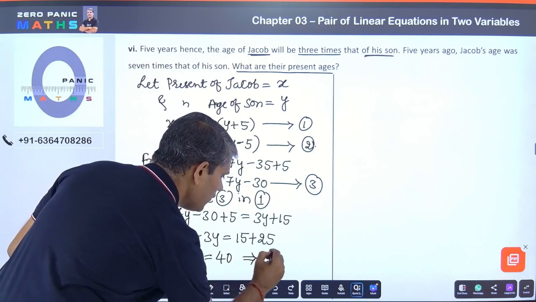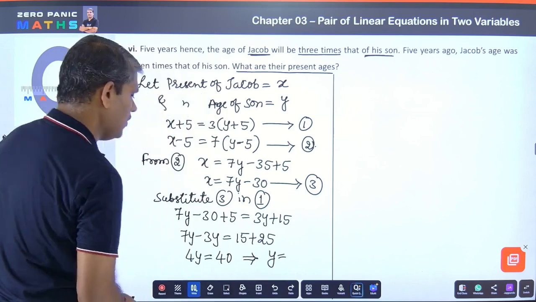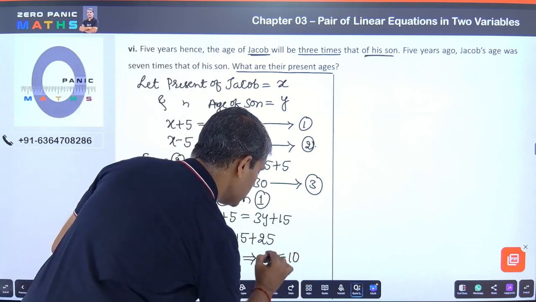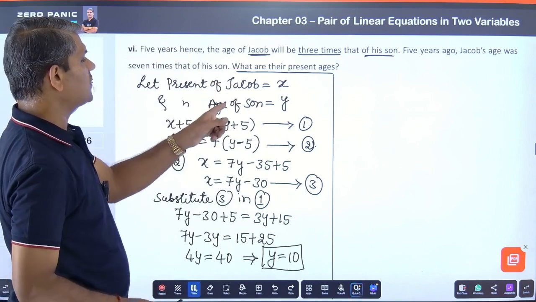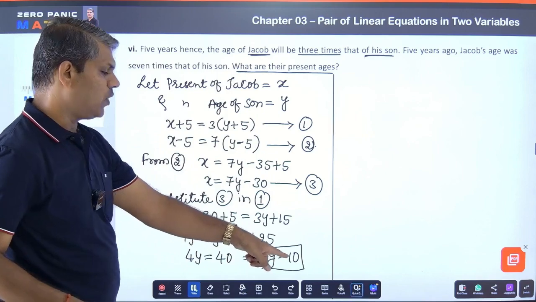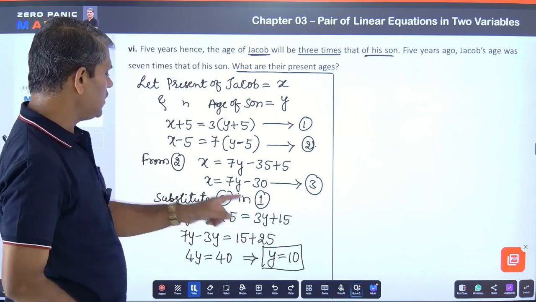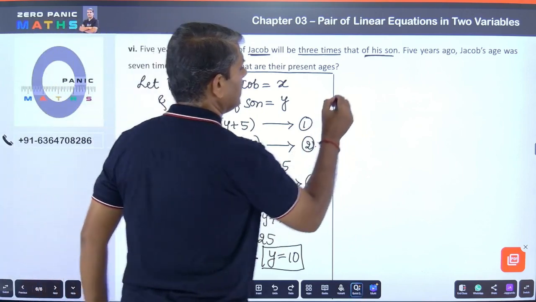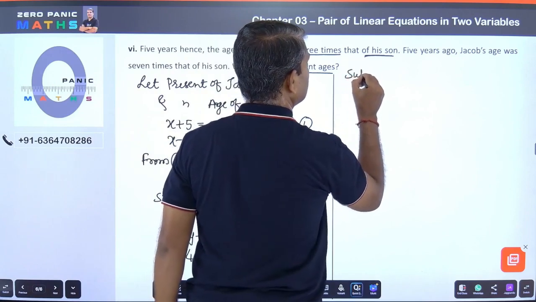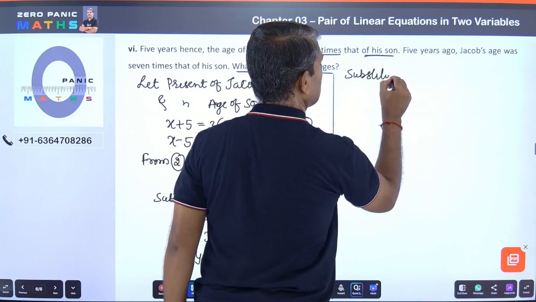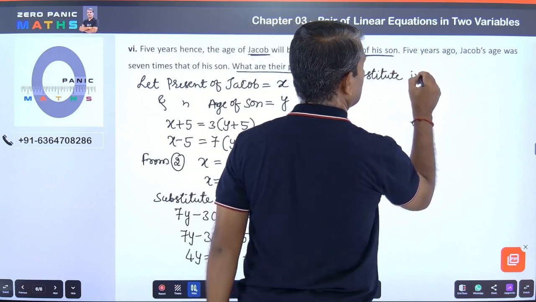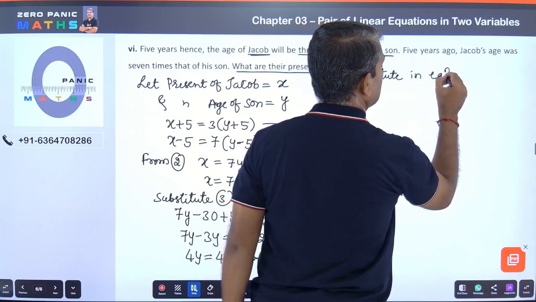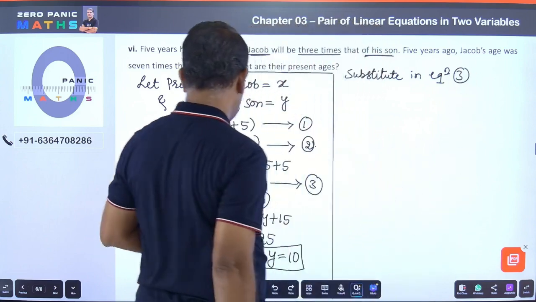So what is y for me? That is 40 by 4. Y for me is 10. Now what is y? Y is Jacob's son's current age. That is y is equal to 10. Now substitute this into equation 3. What is equation 3?